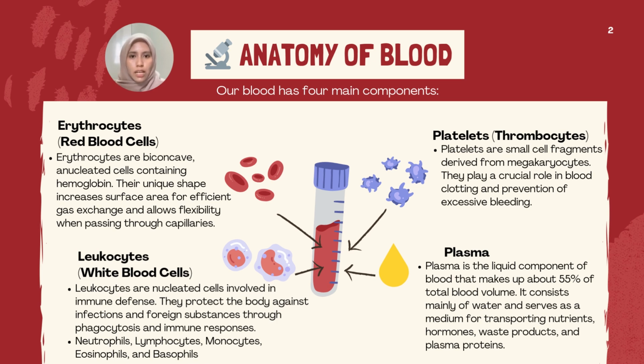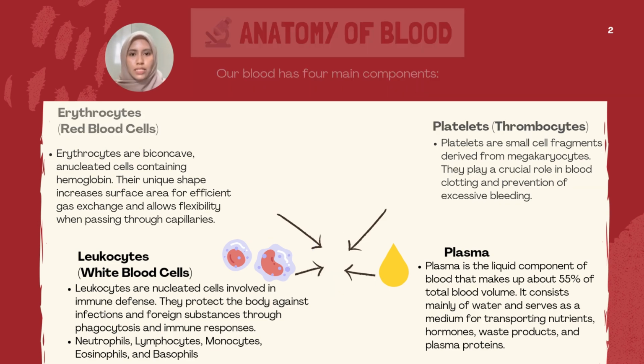Different types such as neutrophils, lymphocytes, and monocytes protect the body against infection through phagocytosis and immune response. Platelets are small cell fragments derived from megakaryocytes in the bone marrow. Although they are not complete cells, they play a vital role in blood clotting and preventing excessive bleeding.